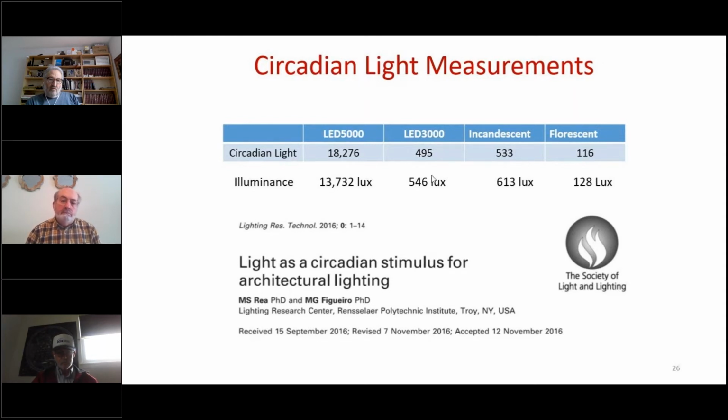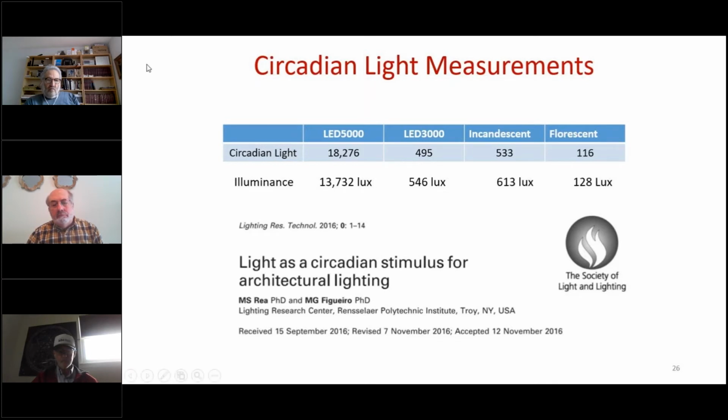I didn't use the same distance. So I actually remeasured the LED 3000 by bringing it very close to the detector, and I got about 15,000 lux. So there's nothing about the light. This is only the way I made the measurements. So this is one question.